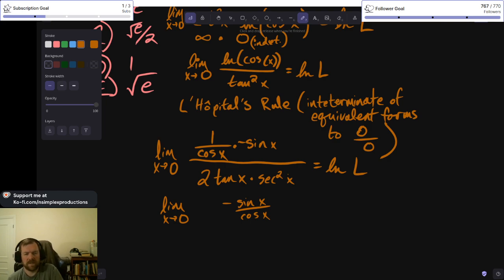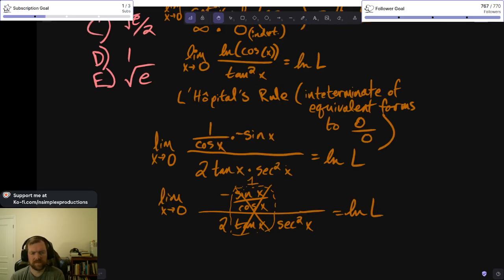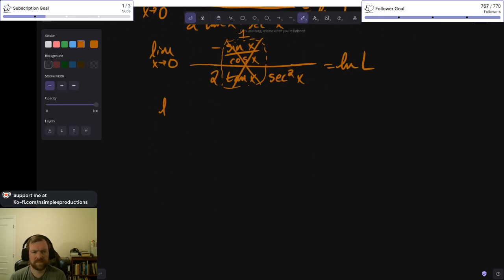That is a tangent. Right, and then the denominator also has a secant squared of x. It's going to be a negative. Secant squared in the denominator is a cosine squared up top.